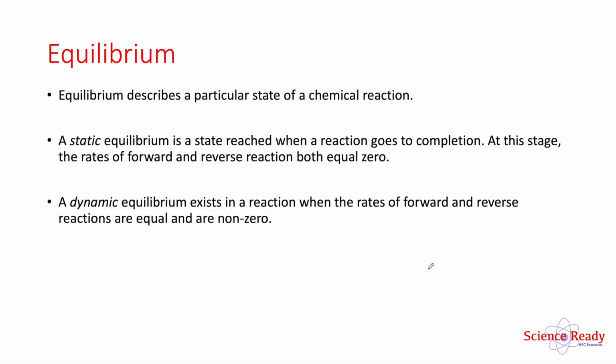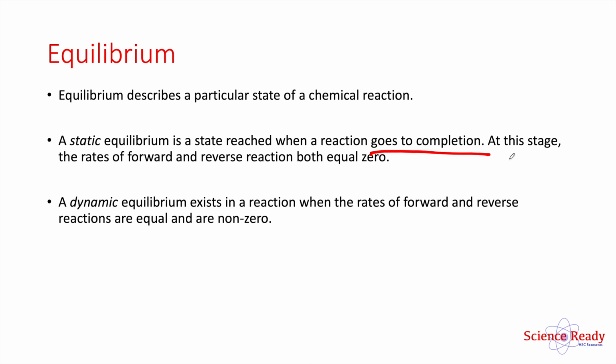Now, let's finally talk about equilibrium, as that's really the concept of this entire module. The word equilibrium describes a particular state of a chemical reaction. Again, there are two types of equilibrium. There's a static equilibrium, which we saw before, and that is when the reaction goes to completion.